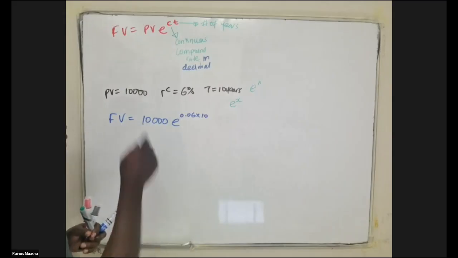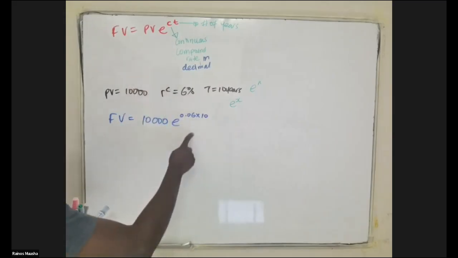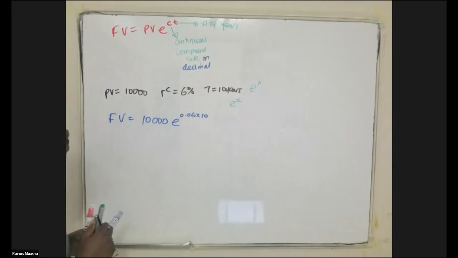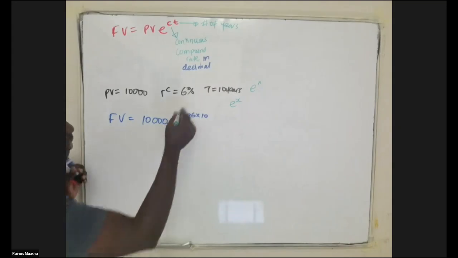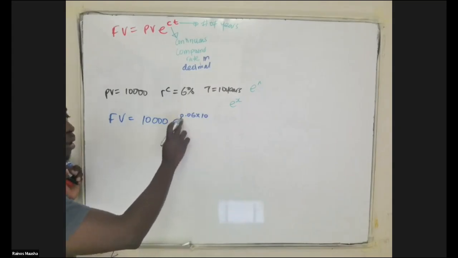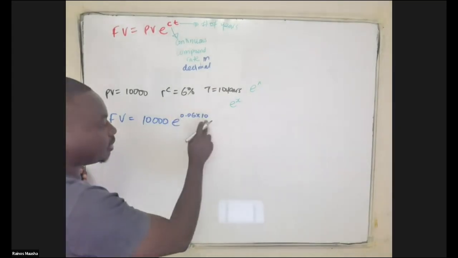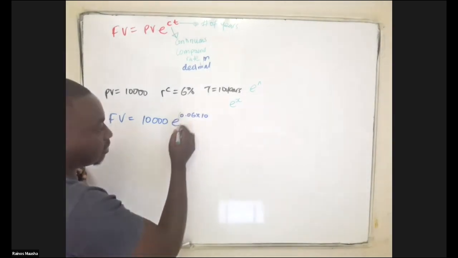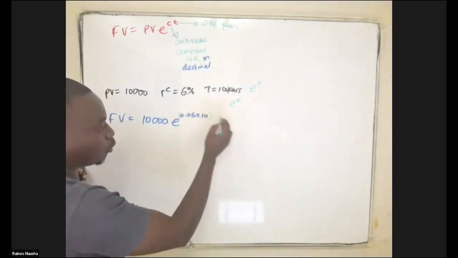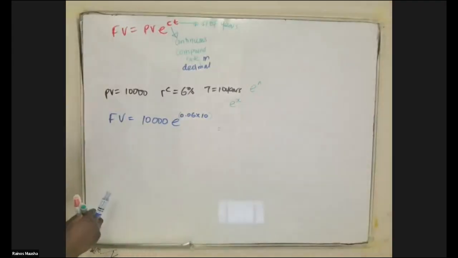But with other calculators, you have to press second function, then E with an X. Then, whenever you're putting something to the power of a multiple or a decimal, you have to open brackets, then say 0.06 times 10, close your brackets, then press equals.